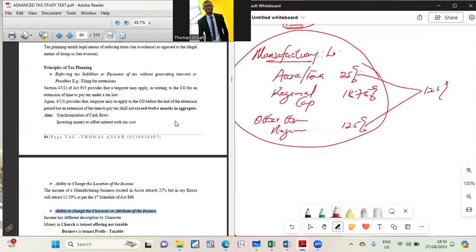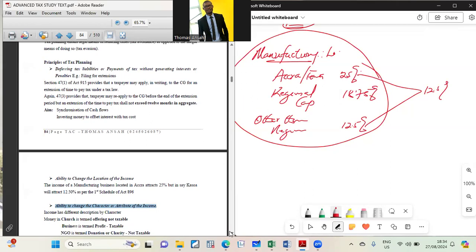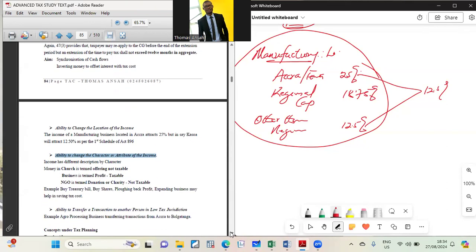I always say this, a popular quote by my own boss, Dominic Knapp: money in the hands of the church is called offering. Money in the hands of a businessman is called taxable income. Money in the hands of an NGO is called donation.